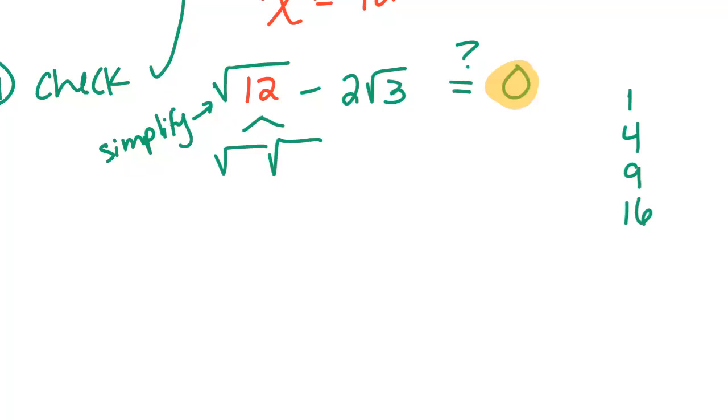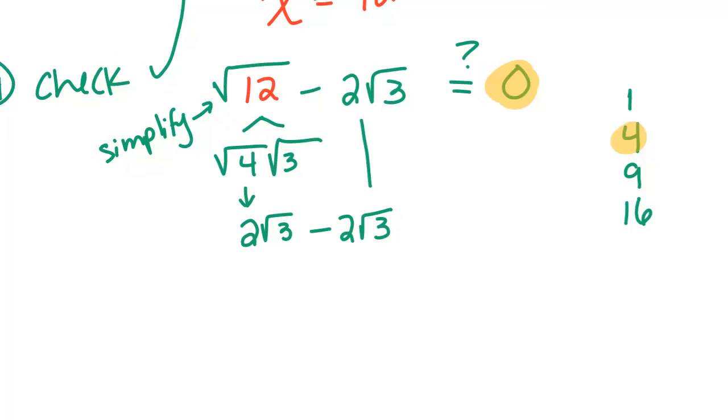Which of those goes into 12? 4. So I know that's a 4 times what gives me a 12? 3. And what is the square root of 4? 2. So this becomes a 2 square root of 3. And then bring this down, minus 2 root 3.